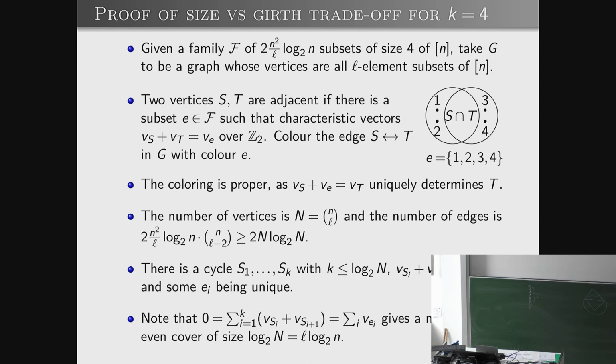And therefore here you get your sets of size 4, which you add modulo 2, which equals 0. But now you know that this is a non-trivial linear combination, because one EI appears uniquely, so they cannot cancel out. It cannot be that they come in pairs, right? So the fact that there was a unique color says there was an EI which would not be canceled out with anybody. It's a unique set, appears only once.